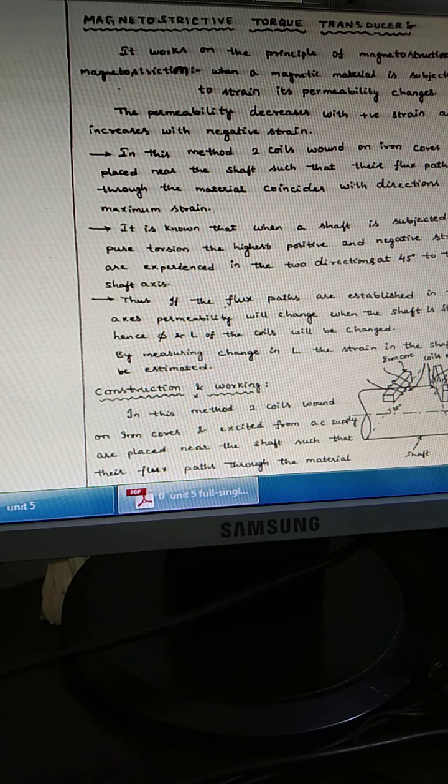These two coils are connected in an AC bridge, and the coils are placed at 45 degrees to the main axis of the shaft. The second coil is also placed at 45 degrees to the main axis of the shaft, because when a torque is applied at one end of the shaft, maximum stress develops in the shaft at 45 degrees to the main axis.